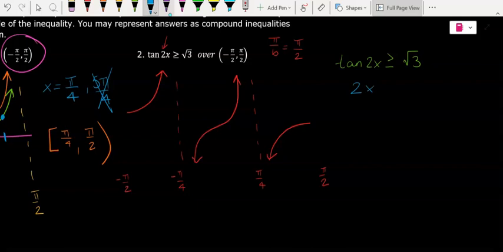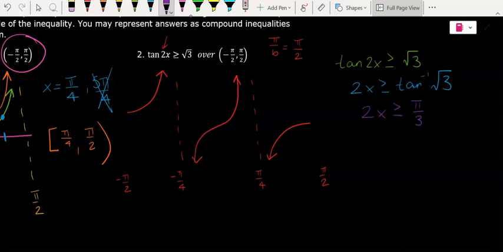Now I've got 2x is greater than or equal to inverse tangent of the square root of 3. Now remember, that's read, where does tangent equal square root 3? So now I have 2x is greater than or equal to, well, where is tangent equal to square root 3? And that's going to be at pi over 3.